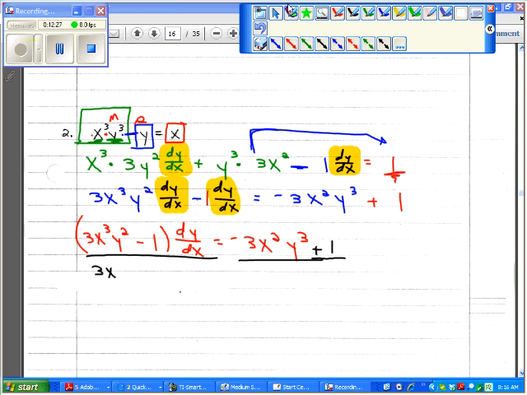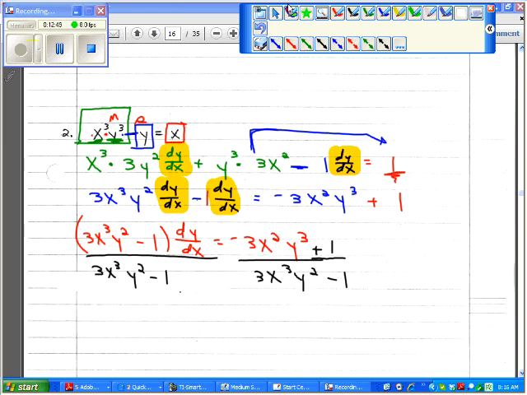So we're going to divide by 3x cubed y squared. There you have minus 1. We need that minus 1 on there. And then we're going to divide by 3x cubed y squared and my minus 1. There we have it. All right.